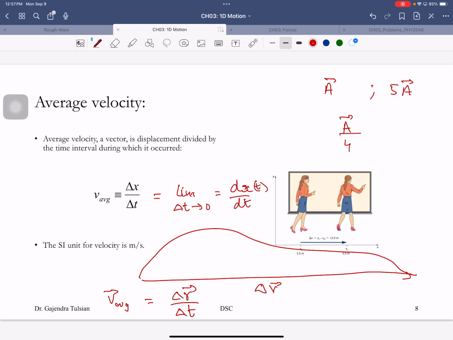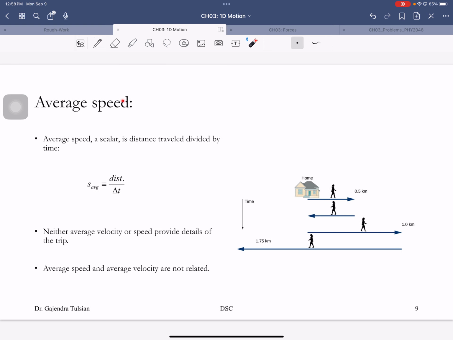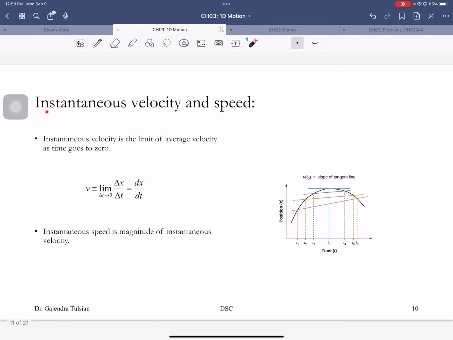That's the time derivative of your position with respect to time, and that is the slope of the tangent line. Average speed is defined as distance traveled divided by time over which that change happened. And again, we will be interested in instantaneous velocities and speed.